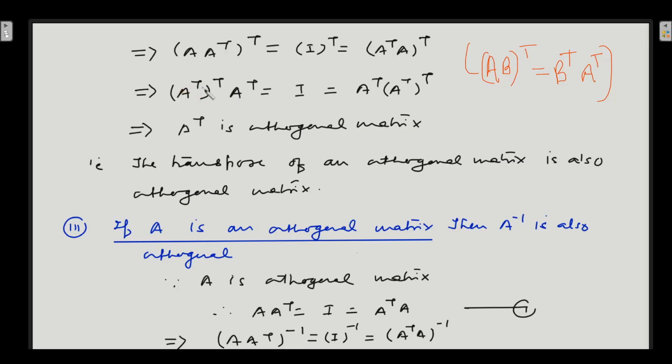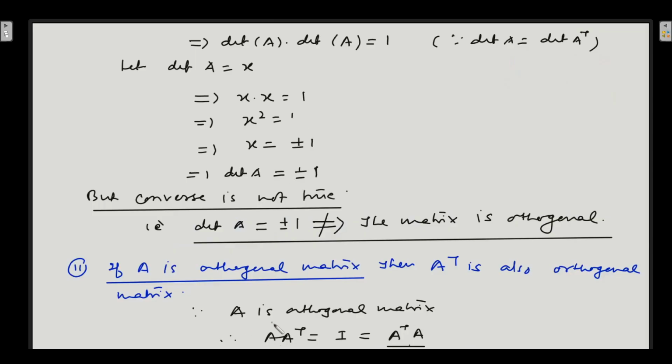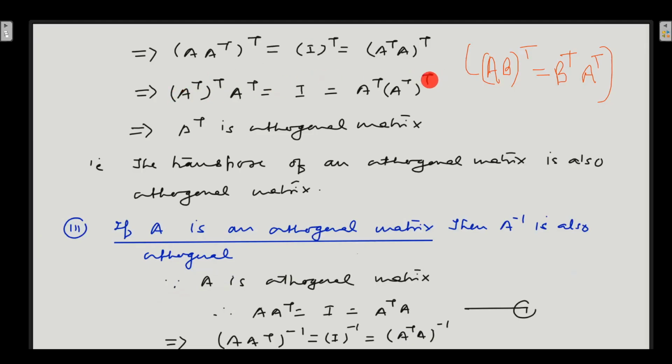We all know that the transpose of A transpose is equal to A, that is, transpose taken 2 times gives the matrix itself, but there is no need to simplify like that, because you will reach the same expression again. So let it remain in this form only.